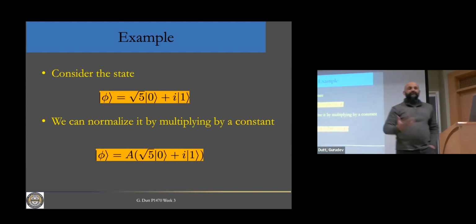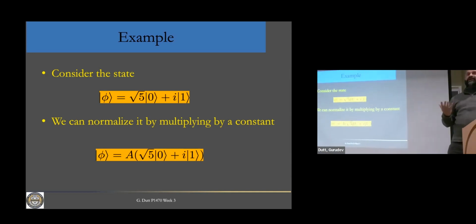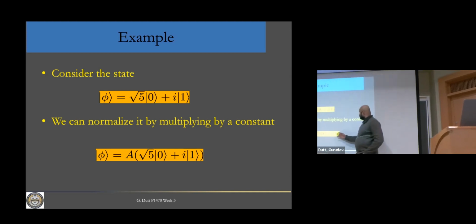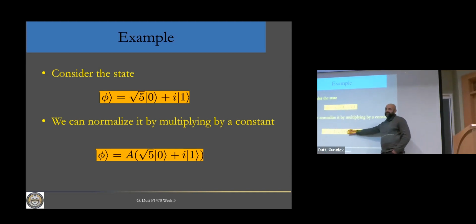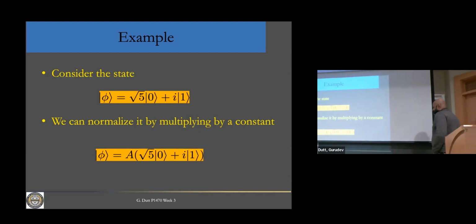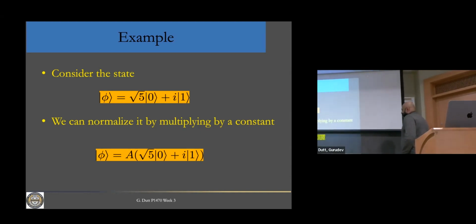It doesn't preserve the behavior of the state. By multiplying it by a constant, this phi preserves the initial state, except for that extra constant. And now we have to find that multiplying factor. Hopefully it's pretty obvious how to do that, but if not, we'll go to this particular example.